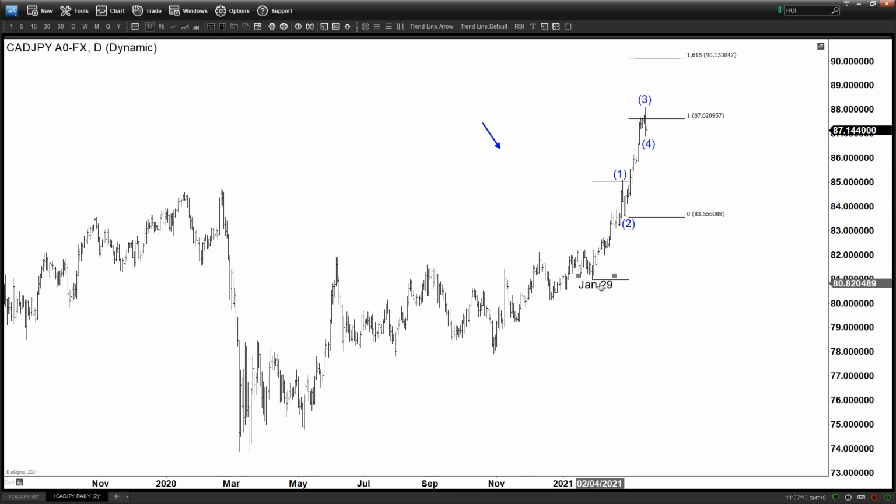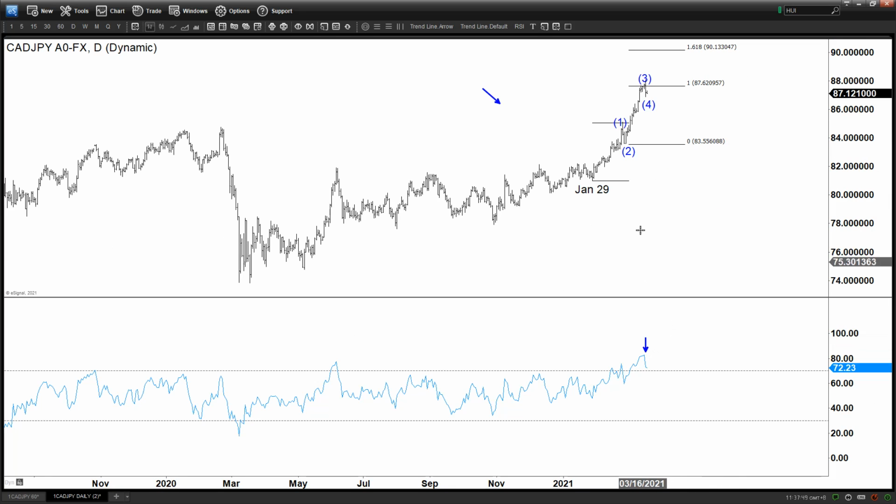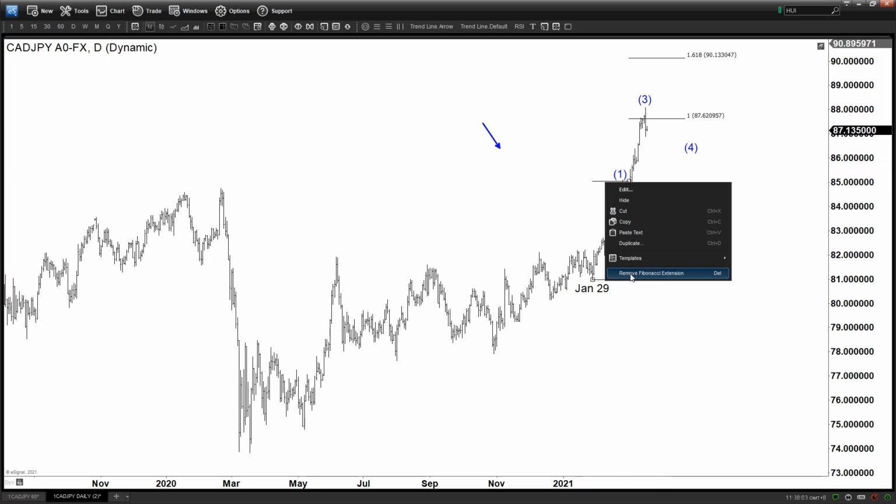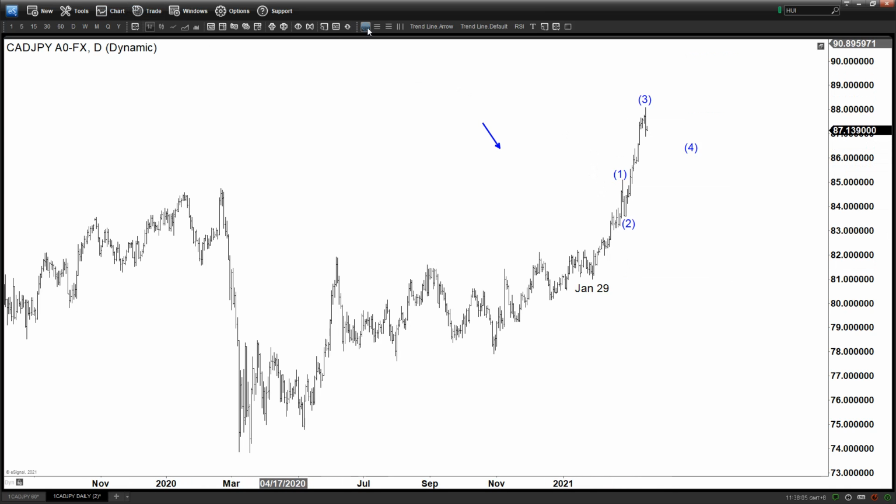Alright, so now with this proposed count here, if this is truly wave 4, like I said, no divergence, suggesting more upside is likely. So that means we want to see whether the pullback here is a not too shallow pullback for us to buy again, right? Now with wave 4, the guideline says that wave 4 usually ends somewhere between 23.6 and 38.2% retracement.